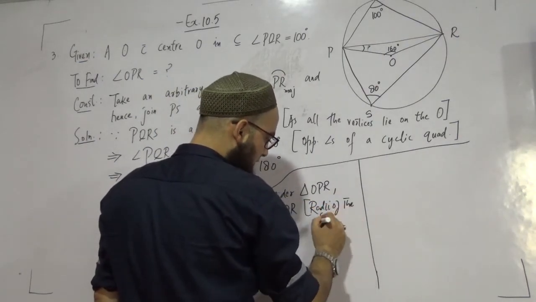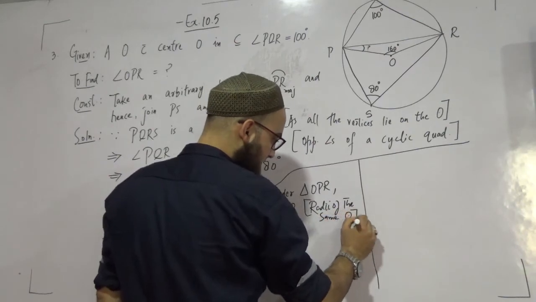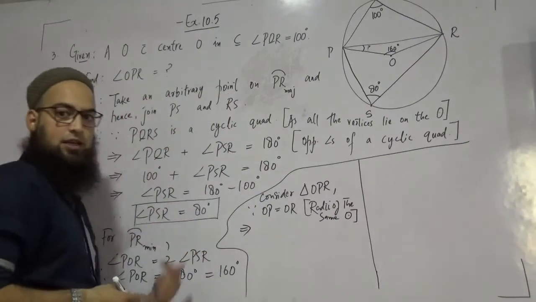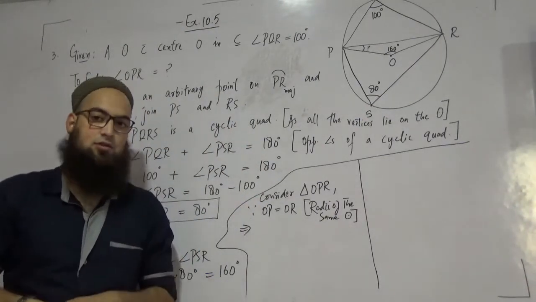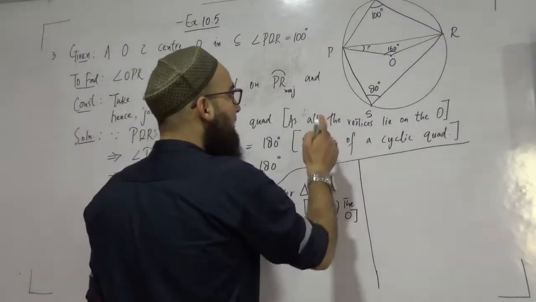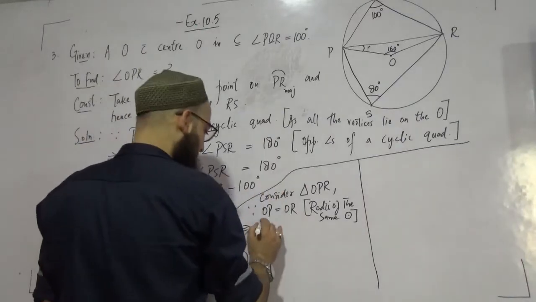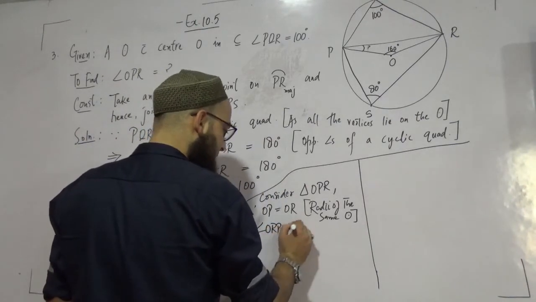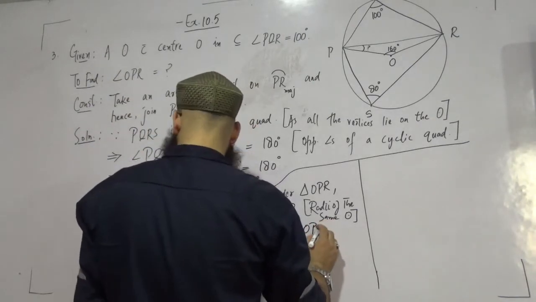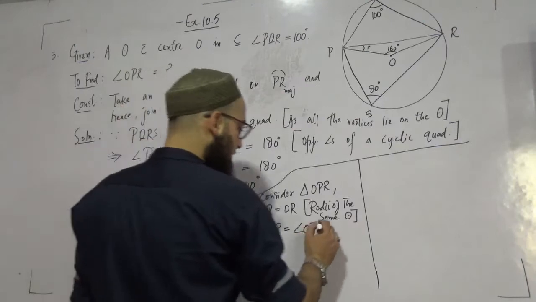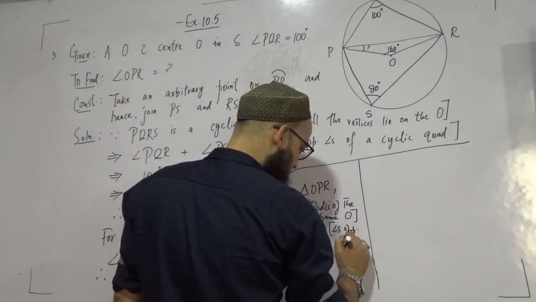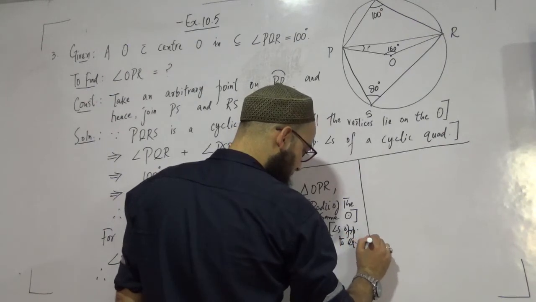Radii of the same circle. Which implies that in a triangle, two sides are equal, that means an isosceles triangle. So opposite angles will also be equal. Angle opposite to OP is angle ORP, and angle opposite to OR is angle OPR. Angles opposite to equal sides are equal.